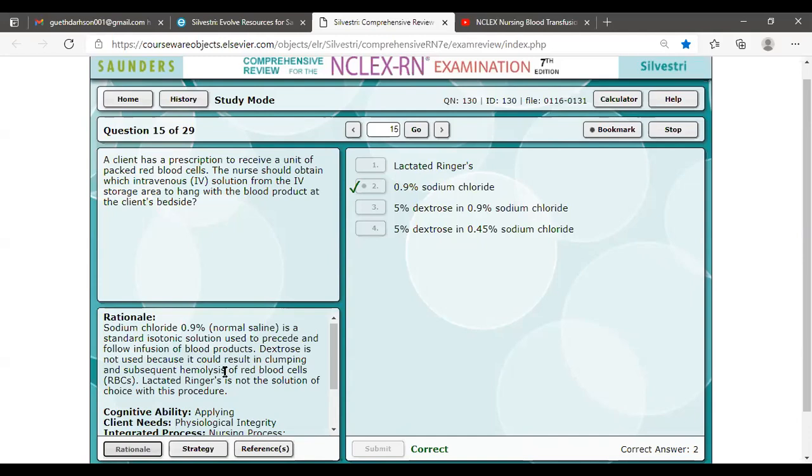So dextrose is not isotonic. Lactated Ringer's is not the solution of choice for blood transfusion, but lactated Ringer's is the solution of choice for a burn patient. Very important for the NCLEX board exam.